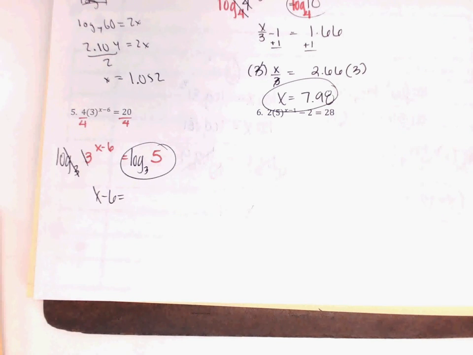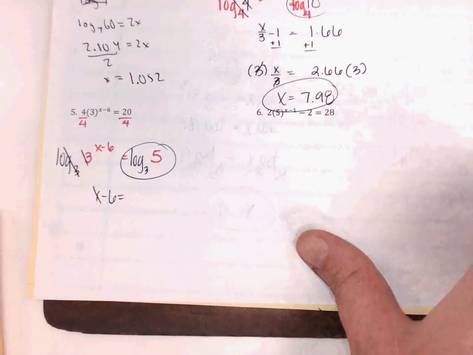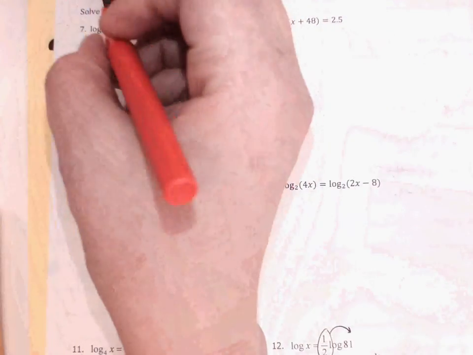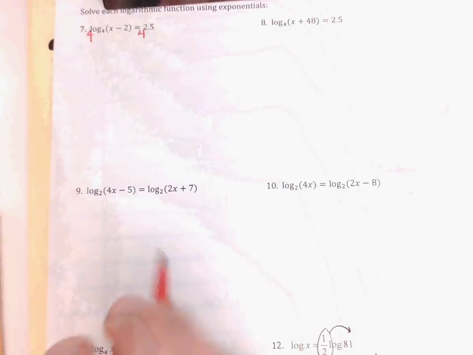Miss, can you help me with this one, number 7? Is that on today's homework? Yeah, it's this one. Okay, so you have 2 choices. If you like the loop, you can do the loop, or you can just log both sides. So if I was here, I'd do a 4 here and a 4 here.